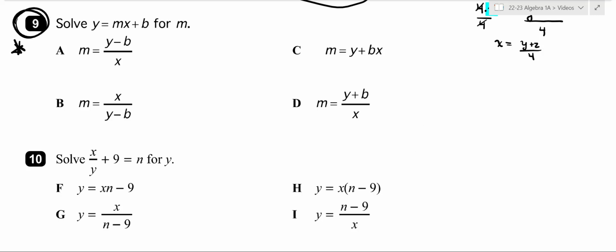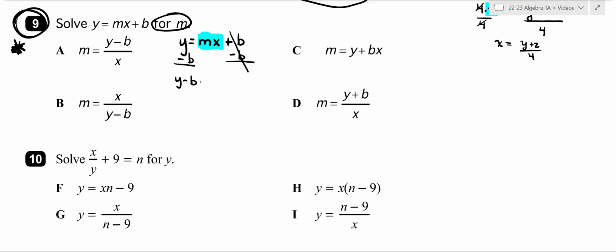This one's a very important concept here. So we have y equals mx plus b. And we want to solve for m. Right, so m is in this term, which means we need to subtract b from both sides. All right, so these are like terms, so they cancel, but these are not like terms.